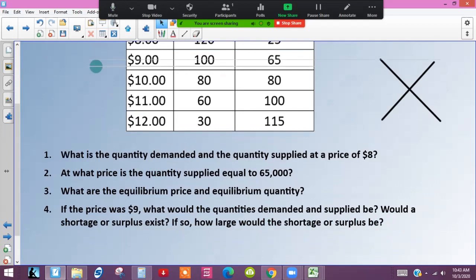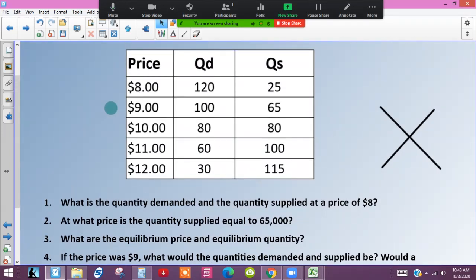So at $9, a price below the market price, we're going to call that a price ceiling, right? The price cannot go above 9. So that would mean that we have a higher quantity demanded than supplied, which would give us a shortage.